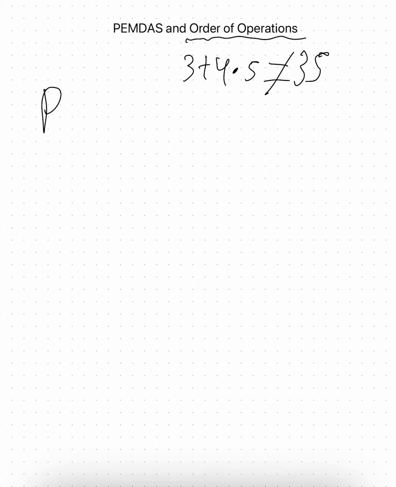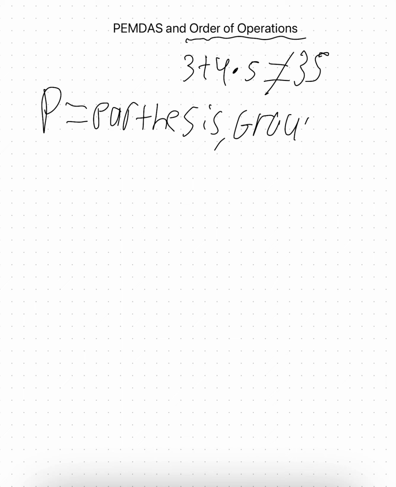So P is your parentheses. Hope I'm spelling that right. Those are your grouping symbols.